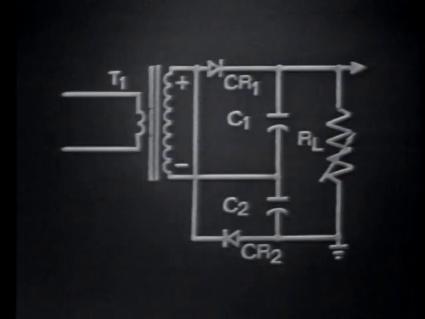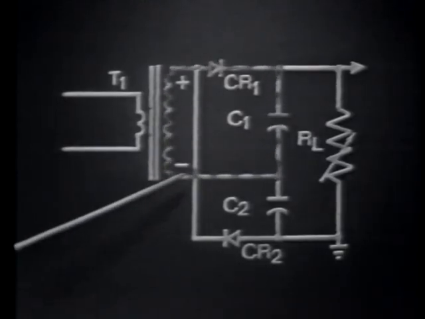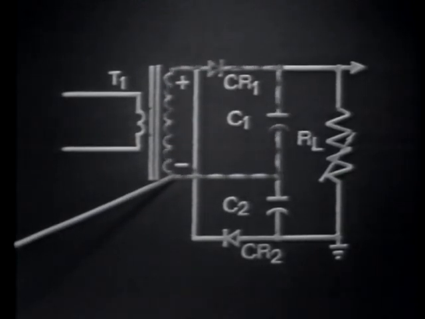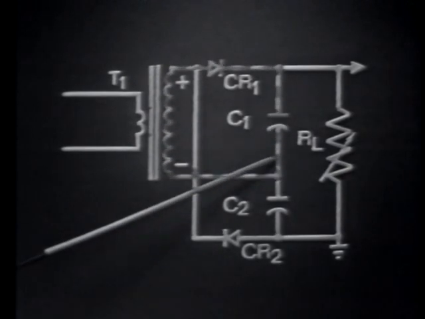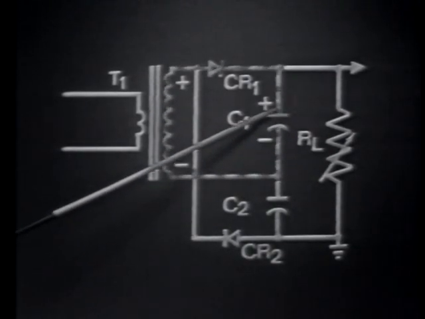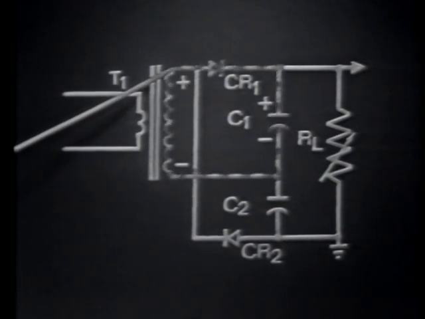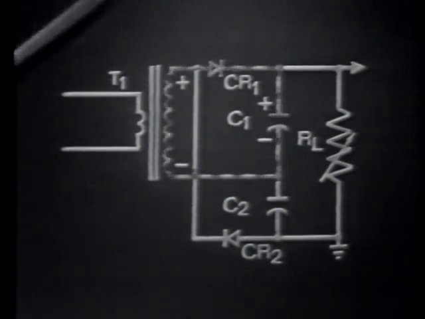CR1 meets this requirement, so it conducts. Its conduction path is from the negative side of the transformer secondary up through C1, charging C1 negative to positive, then through the conducting diode CR1 back to the positive side of the transformer secondary.